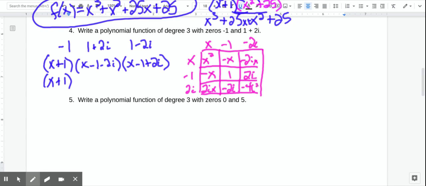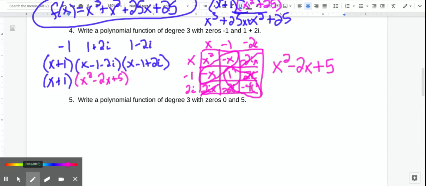Okay, now the like terms are not quite on the diagonals, but we do have 2i and -2i and 2ix and -2ix. So this is going to be x squared, here's some like terms, minus 2x. And actually these are like terms because -4i squared is +4, so plus 5. So this thing multiplies to this.